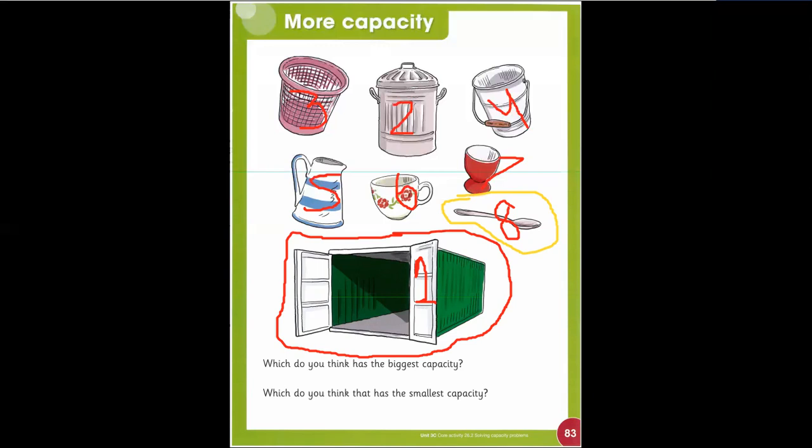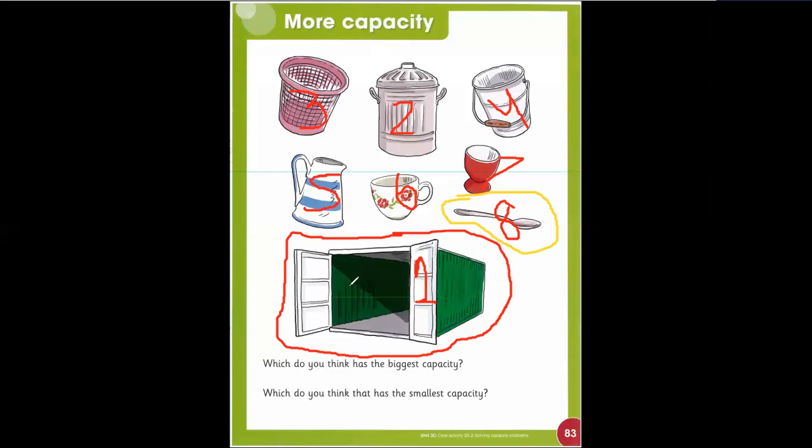If you compare the containers, this one has less capacity than this one. This one has more capacity than this one. And this bin has more capacity than the bucket. One, two, three. So which one has the most capacity? This one.